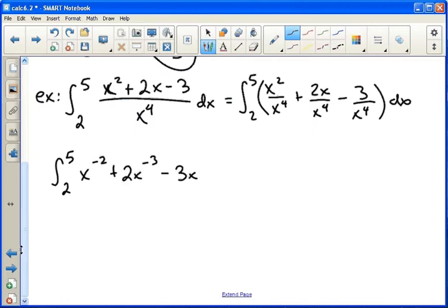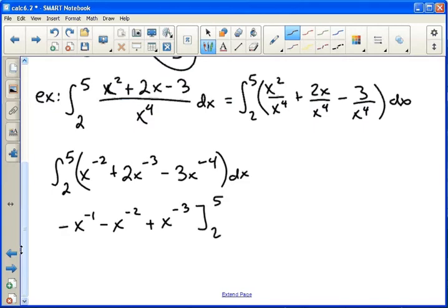Okay, take the antiderivative, add 1 to the exponent, and divide by that number. And then we're going to plug in 5 and subtract what we get when we plug in 2. So actually, if you're doing this by hand, it's probably easier to rewrite these like this.